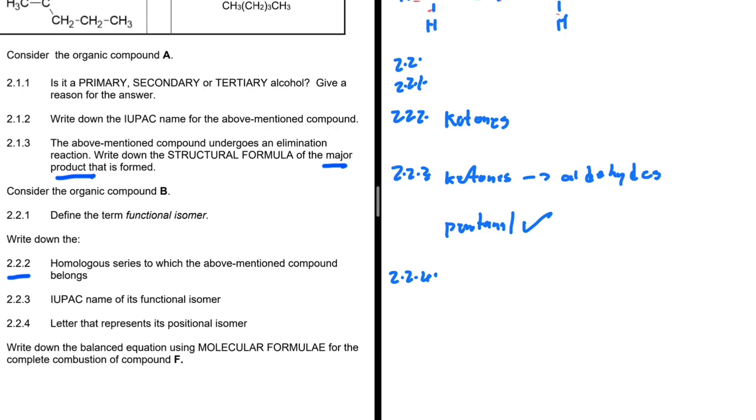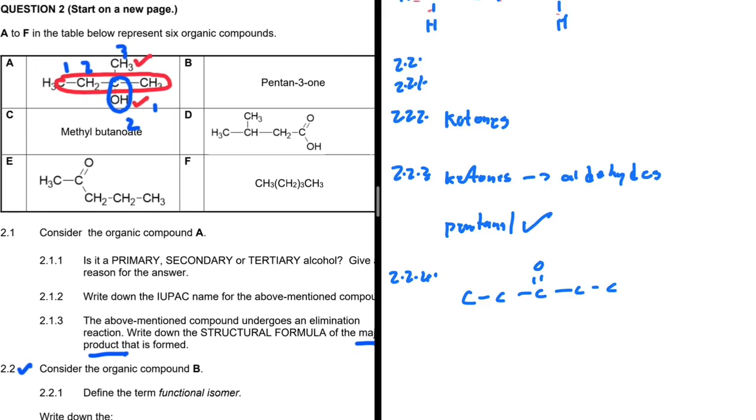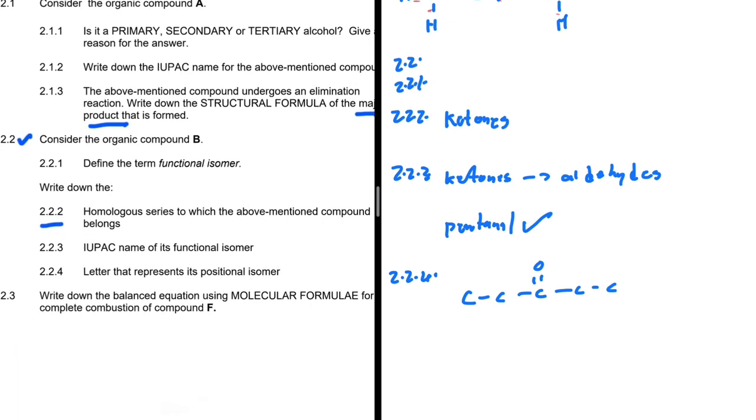Because we have 1, 2, 3, 4, 5 carbons, if you put the double bond oxygen on the second carbon, it is pentan-2-one. The same is true when you put it on the fourth, you'll still have pentan-2-one, because we have to start numbering from the side closest to the functional group. So we're looking for pentan-2-one on our table.